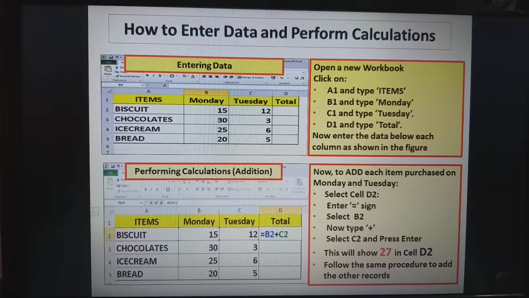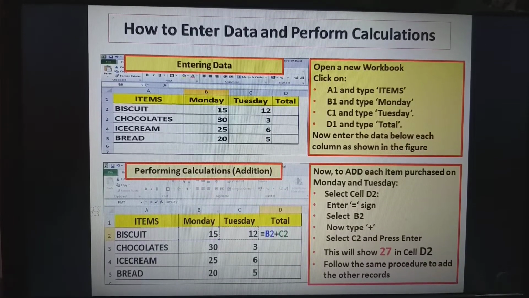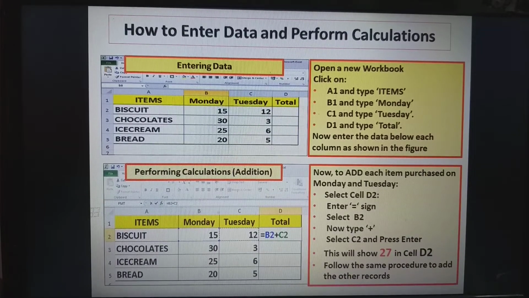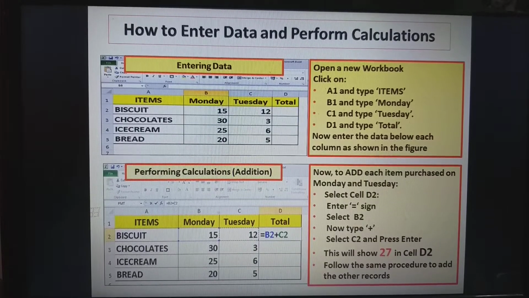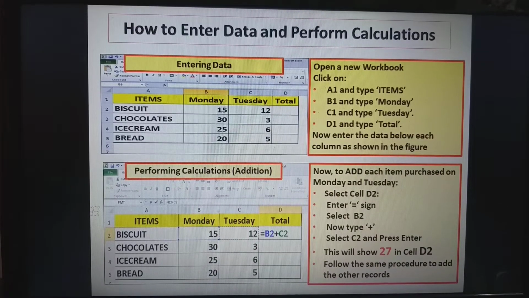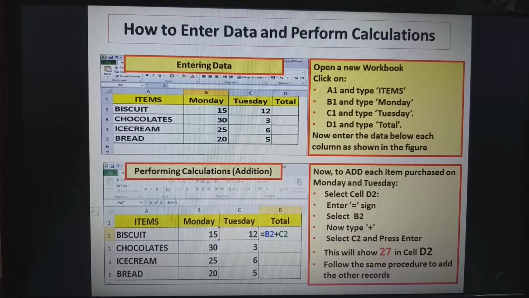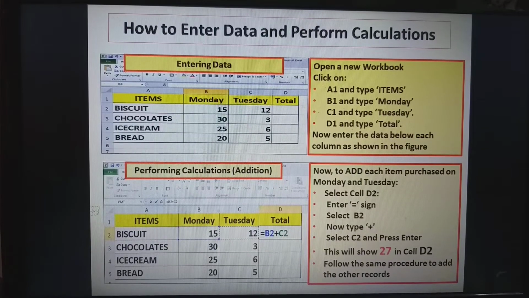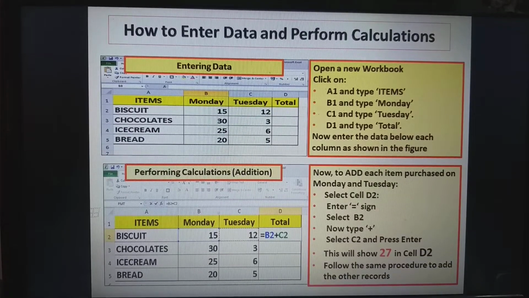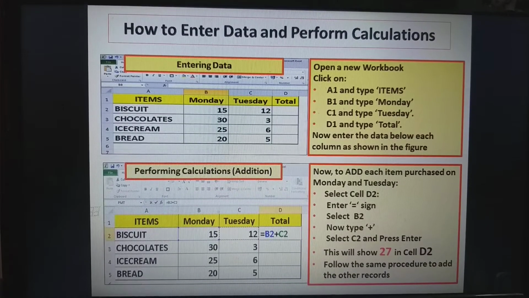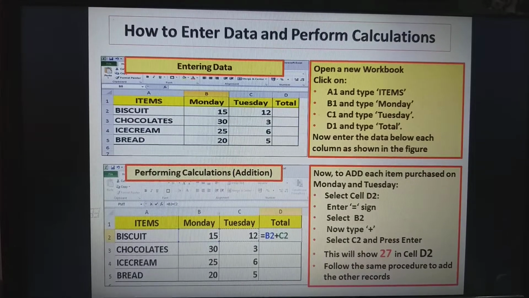This will show 27 in cell D2, meaning the total number of biscuit packets purchased on Monday and Tuesday is 27. We have to follow the same procedure to get the total of other records. In this way, we can do the calculations in Excel worksheet.